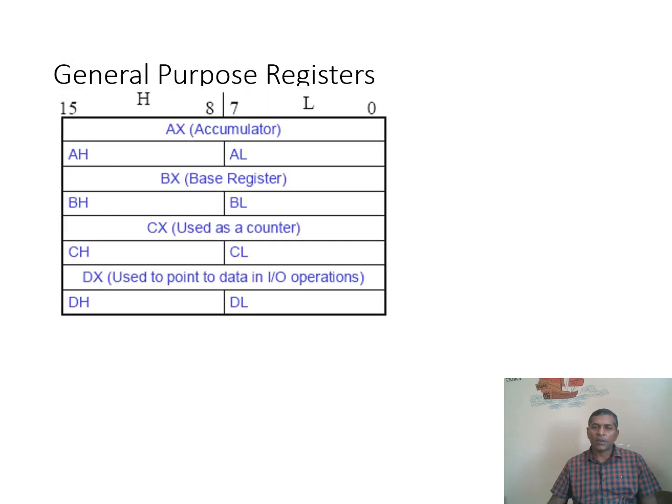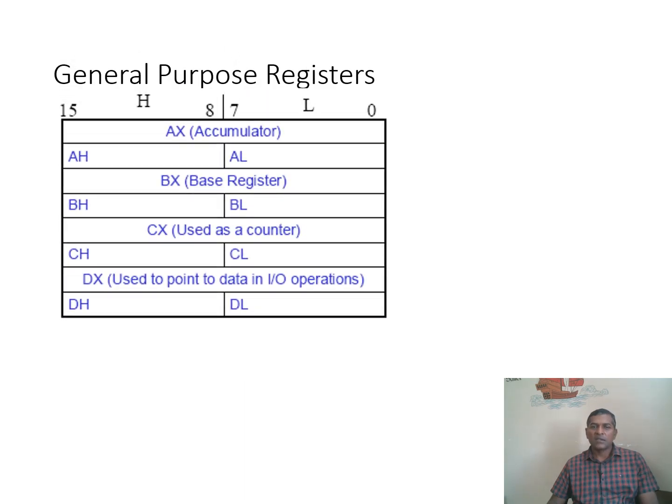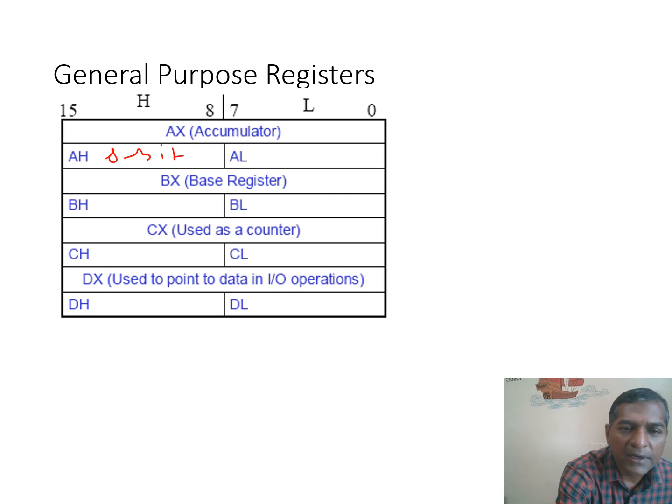The general purpose registers are all 16-bit registers, bits 0 to 15, total 16 bits are stored in this register. As we said, we have AL and AH. AL is bits 0 to 7 and AH is bits 8 to 15, total 8 bits each. So this is an 8-bit register and this is also an 8-bit register.